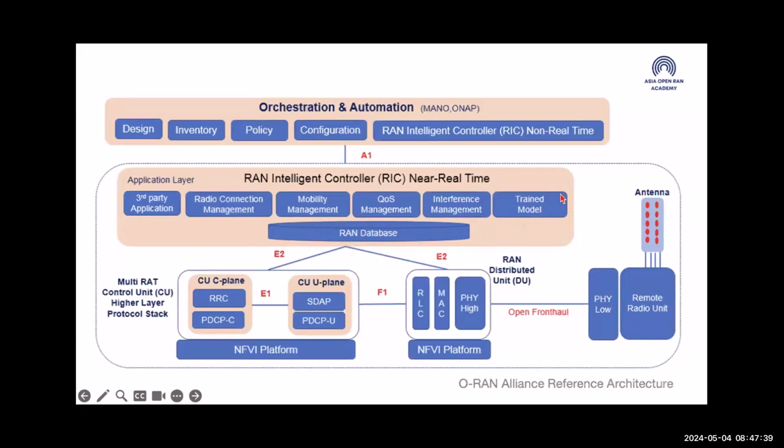This is the RIC, particularly the near real-time RIC, which has a control loop of less than 1 second. In the near real-time RIC, you will see different third-party applications, which we call xApps. The xApps that are very famous right now, or getting a lot of attention, are the power saving xApp, the traffic steering xApp, and the quality of service xApp, which are very important in terms of maximizing the resources of the operators.